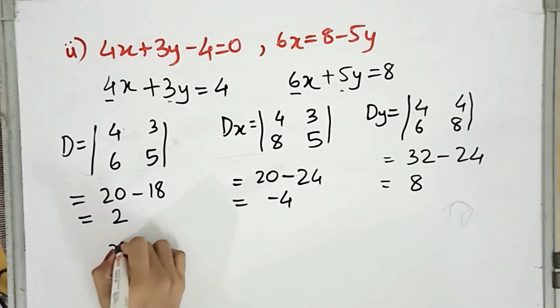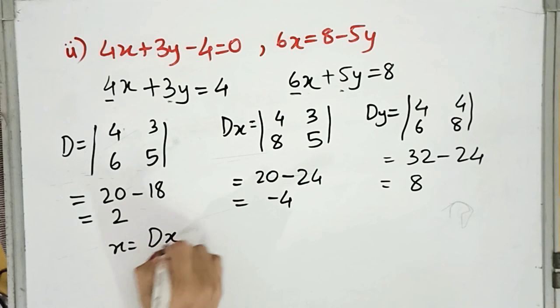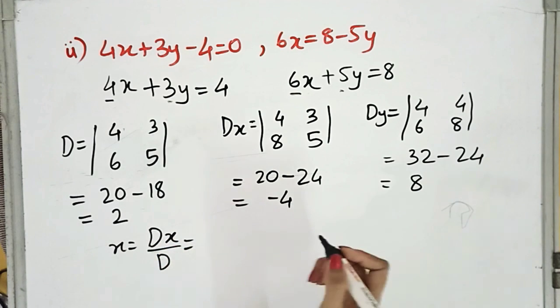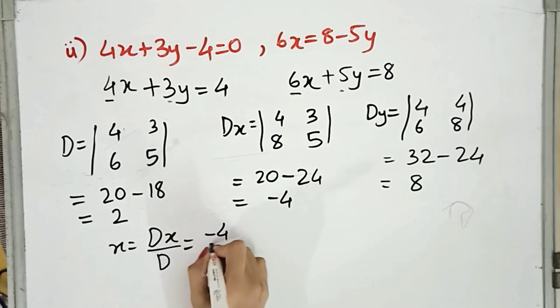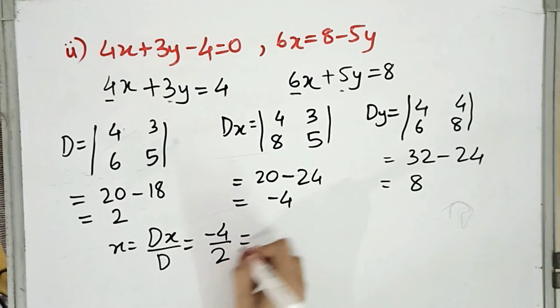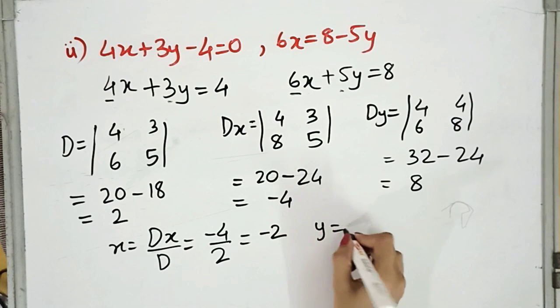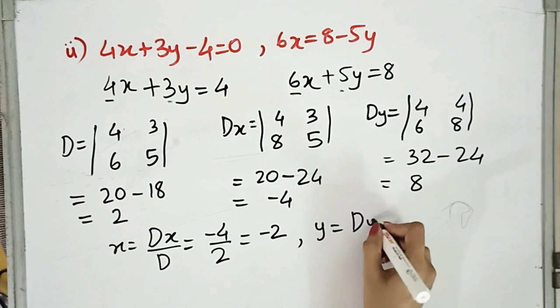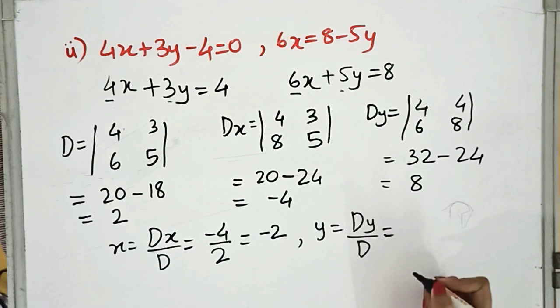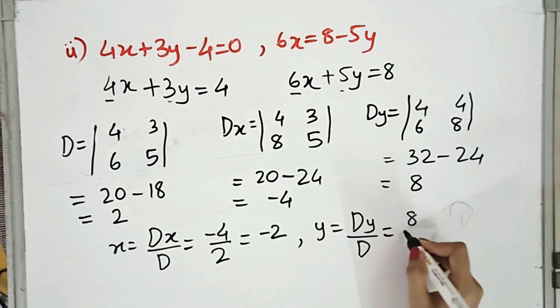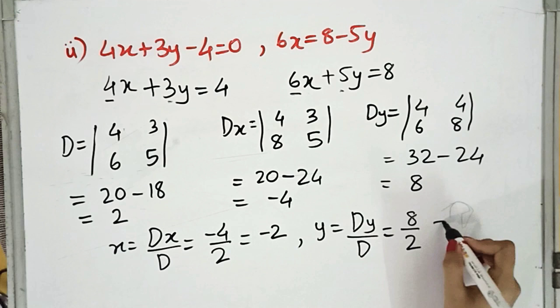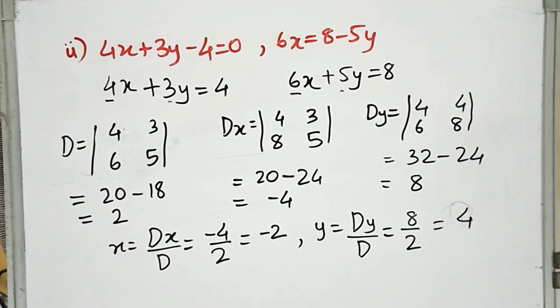Now x is equal to Dx by D. So the value of Dx is minus 4 upon D is 2. 2 2s are 4, so this will be minus 2. For y we have Dy by D, which is 8 upon 2, that will be 4. So x and y are minus 2 and 4, which is the solution for these equations.